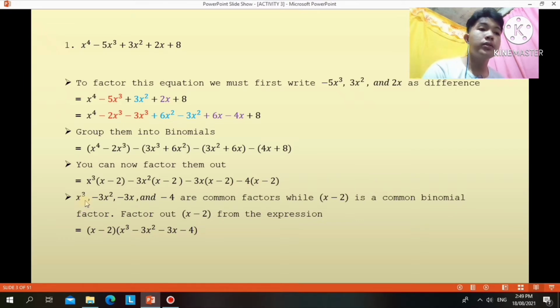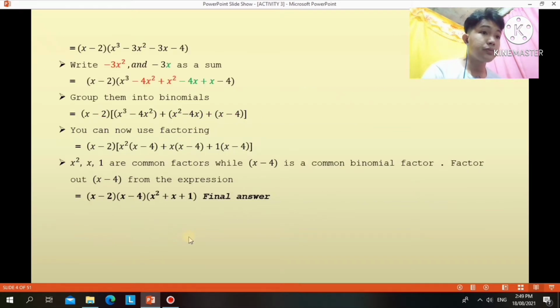So x cubed, negative 3x squared, negative 3x, and negative 4 are common factors, while x minus 2 is a common binomial factor. Factor out x minus 2 from the expression. So our equation will be x minus 2 times x cubed minus 3x squared minus 3x minus 4. Now write negative 3x squared and negative 3x as a sum.